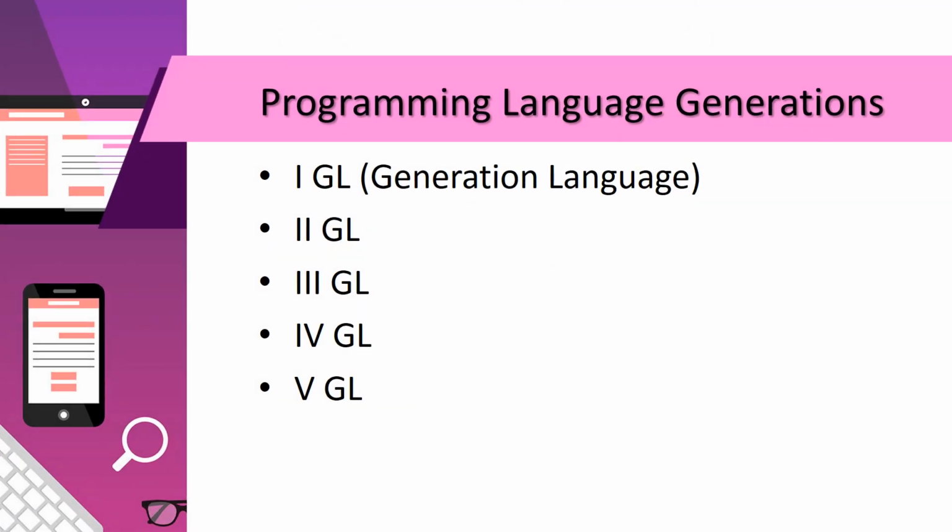The programming languages, in terms of their performance, can be grouped into 5 different generations. They are first generation language, second generation language, third generation language, fourth generation language and fifth generation language.